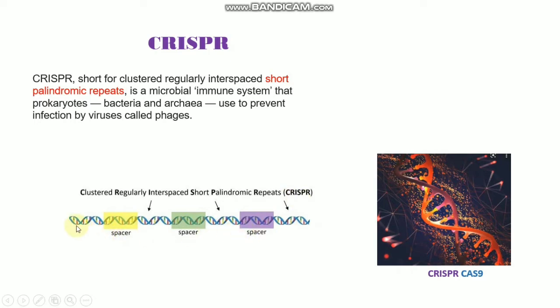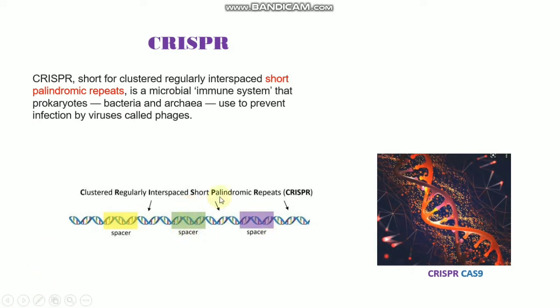So this is the CRISPR array. It contains spacer sequences and interspaced short palindromic repeat sequences, here repeat 1, 2, 3, 4. There are 4 repeat sequences. The spacer sequence is a short sequence copied from the foreign DNA. I'll discuss later what the spacer sequence is.